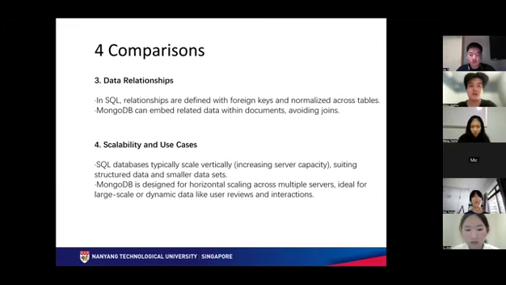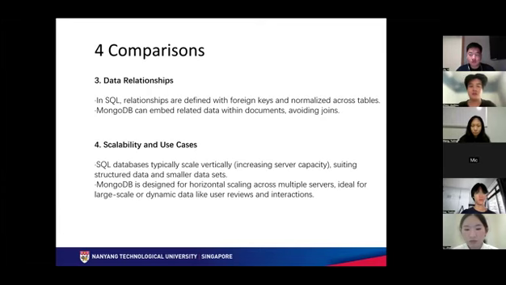And the last part is scalability and use cases. SQL databases typically scale vertically, suiting structured data and smaller data sets. However, MongoDB is designed for horizontal scaling across multiple servers, ideal for large-scale and dynamic data like user reviews and interactions.